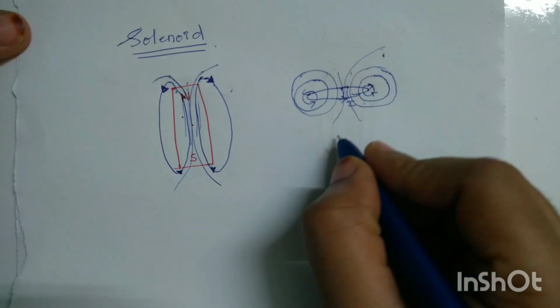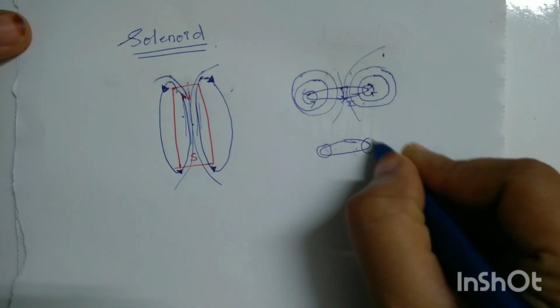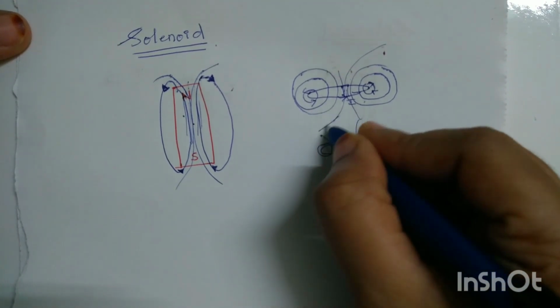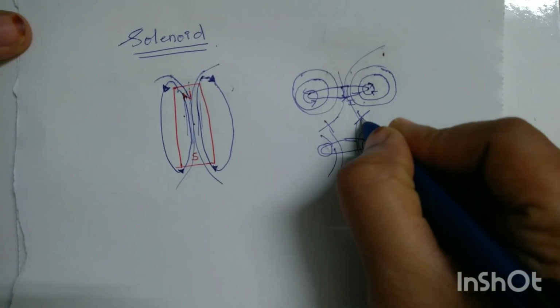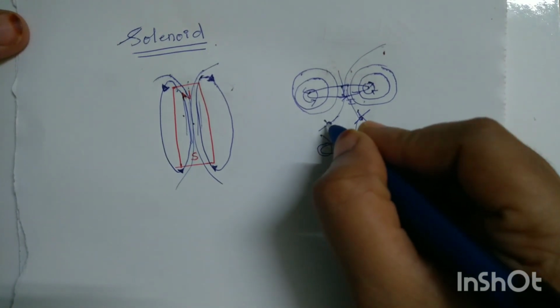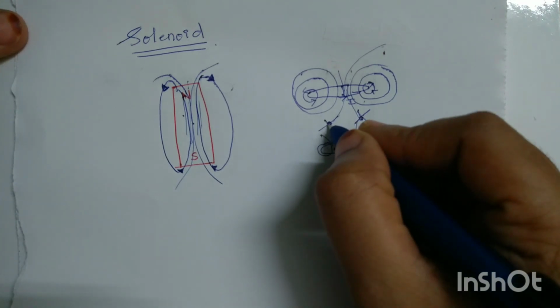So what we have to do is introduce one more loop, which will have its magnetic field around it, something like this. At some points the magnetic field lines will intersect each other. But according to the property of magnetic field lines, they cannot intersect each other.